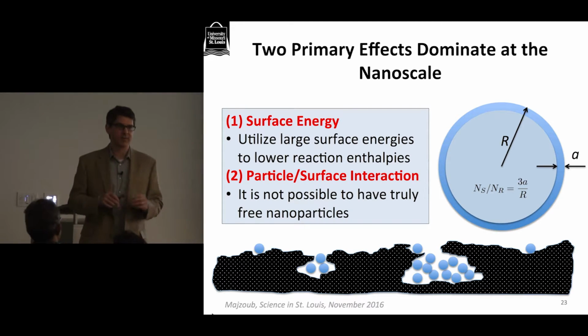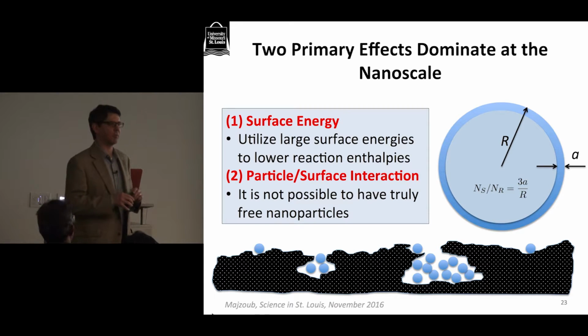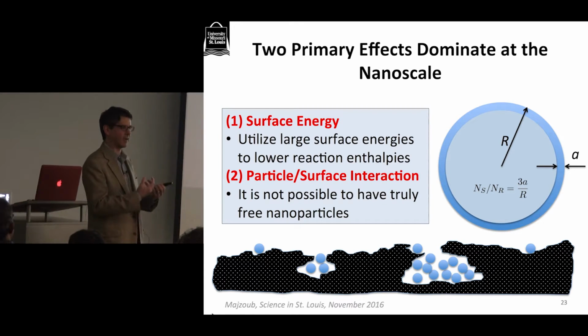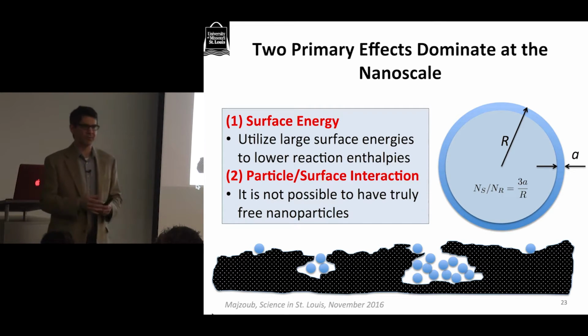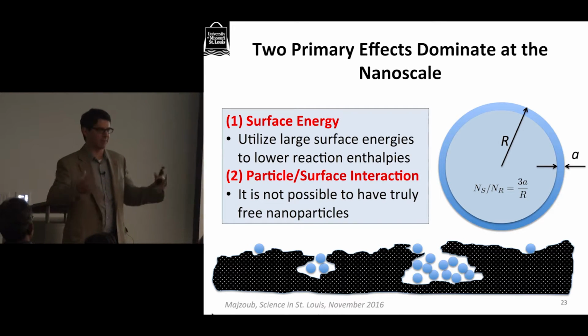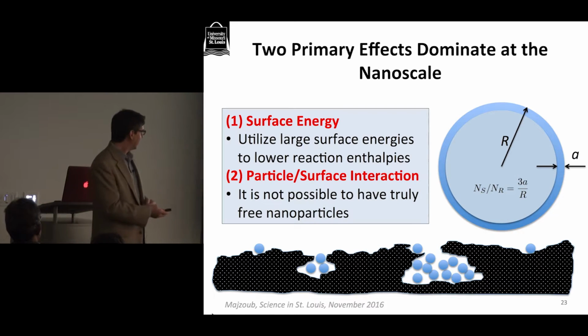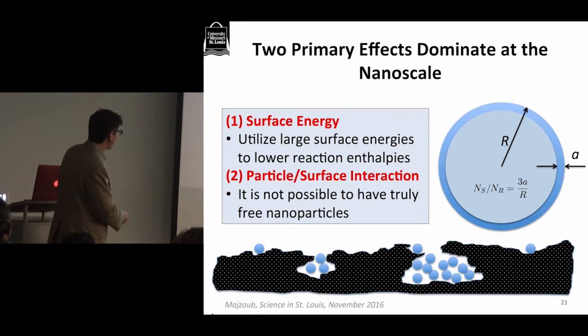So there's no such thing as a true free nanoparticle because it's always in touch with something else. You can never have a truly free nanoparticle. It's always in contact with some kind of a surface somewhere. And what I've shown here on the bottom of the slide is this black mass, which is essentially carbon.